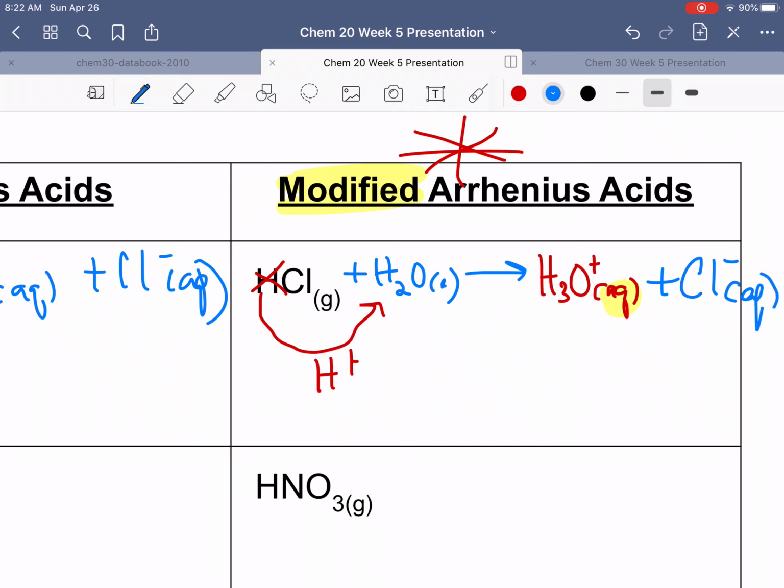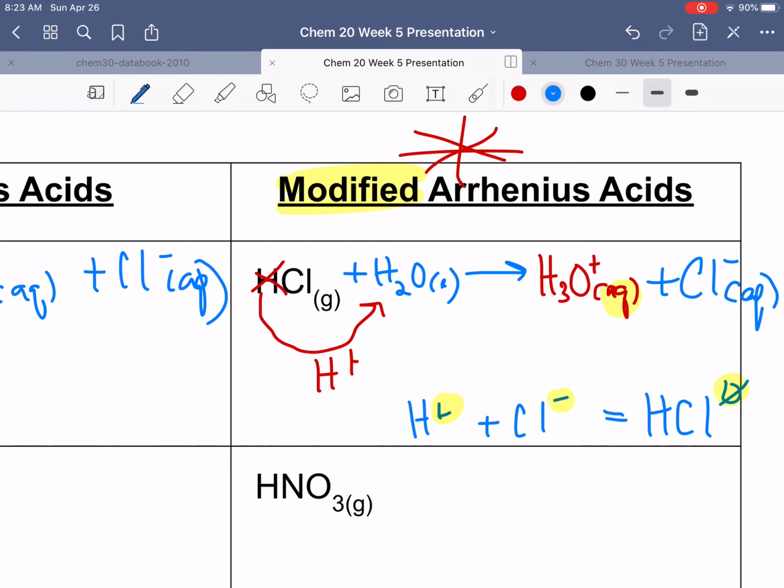Now, chloride ion is negative. Think about the logic of this. If I had an H plus ion and I added it to a Cl negative, I end up with HCl with 0 charge because, of course, a positive plus a negative gives us 0. So the opposite holds true as well.